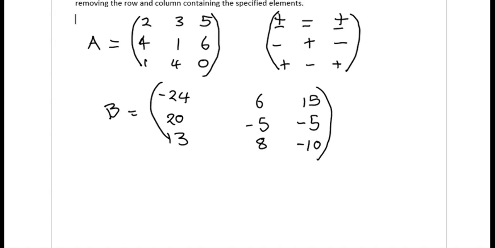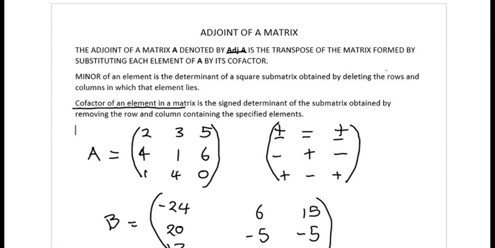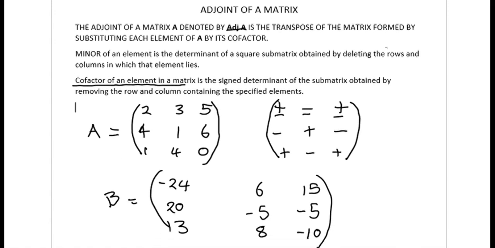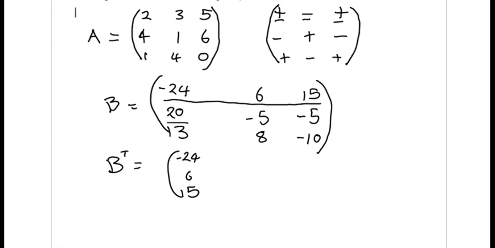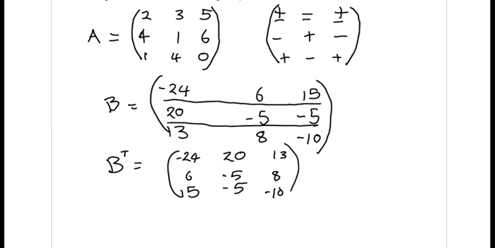So the next I'm going to do to complete my adjoint of A is I'm going to take the transpose of matrix B. So B transpose will be equal to, all these will be changed to a column. Same with all other rows, they'll be changed to a column. And then 13, 8, minus 10. So this is my adjoint of A.